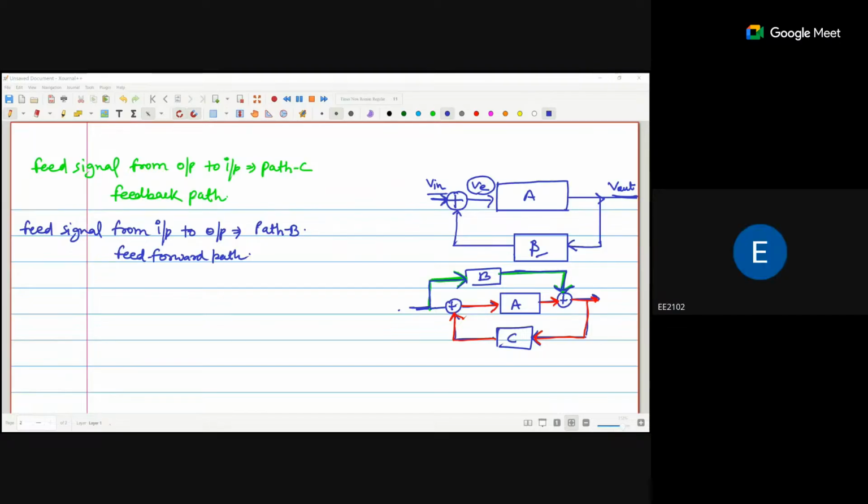Yes, sir. So there is one appliance, we can say a fan. There is one path coming from the main electricity supply.